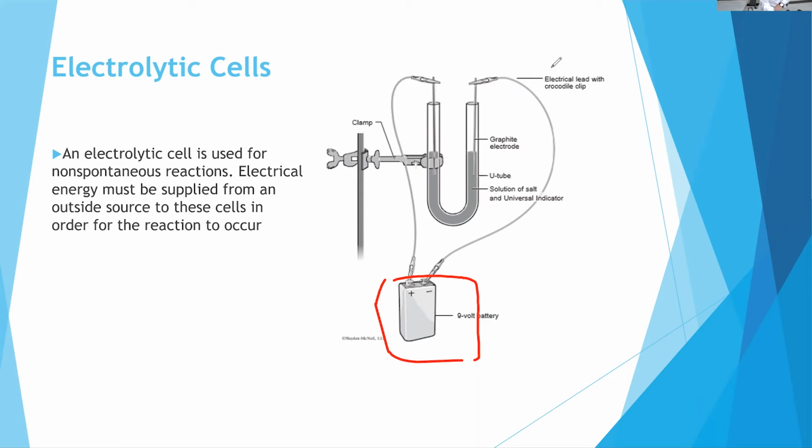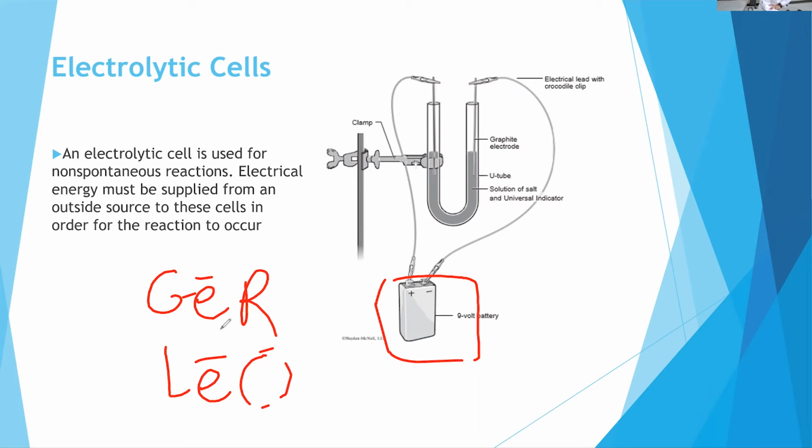We could do that where electrons are going into the solution. Usually reduction takes place there, because reduction means gain of electrons, and loss of electrons gives oxidation. So we have oxidation reduction taking place. One substance is being oxidized, one substance is being reduced.